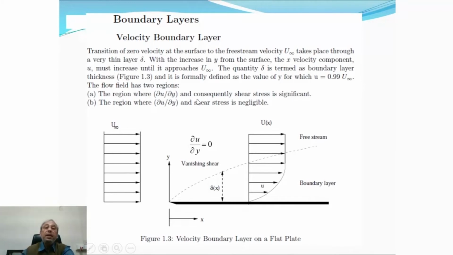Now we will go for a discussion on boundary layers. Transition of zero velocity at the surface to free stream velocity u infinity takes place through a very thin layer delta.